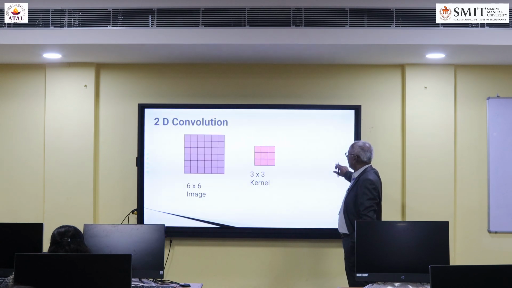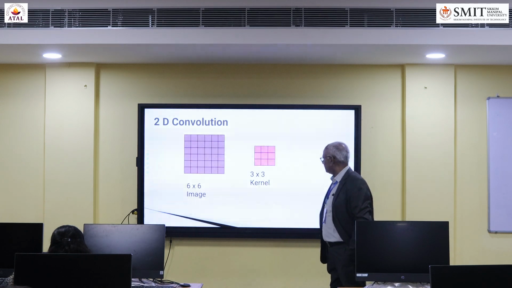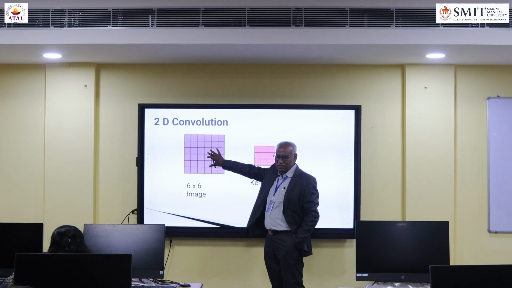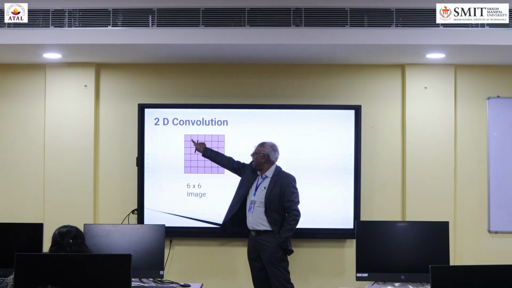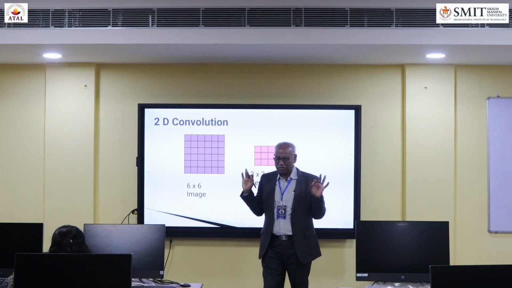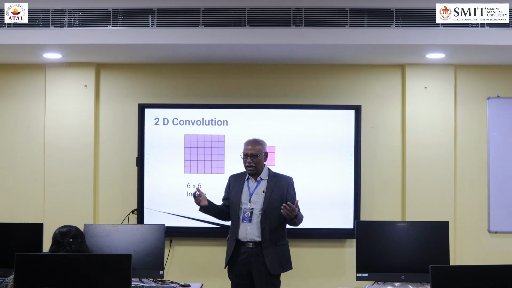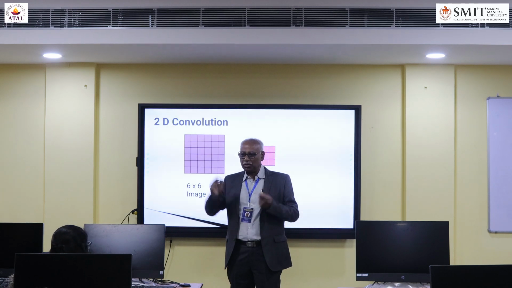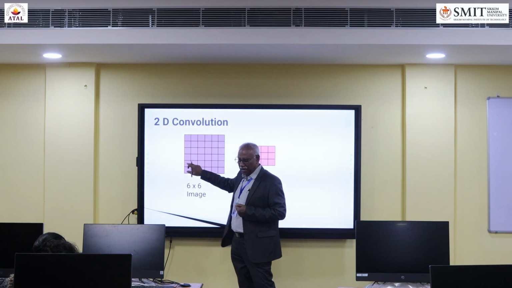How do you do convolution in two dimensions? I'll take a simple case. Suppose this is my 6 by 6 image. At every location I'll have some values, maybe 0, 1, 2, and if it is an 8-bit image, the values will vary from 0 to 255. So this is an array of integer numbers.